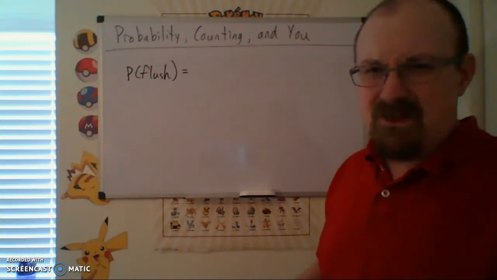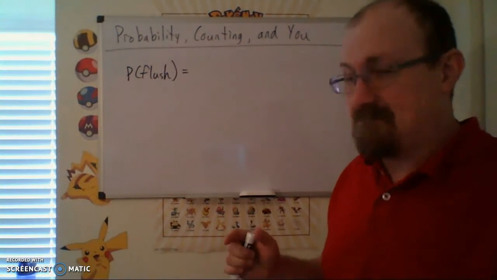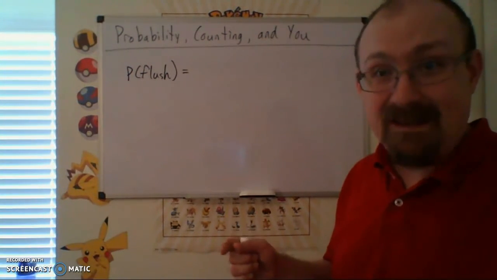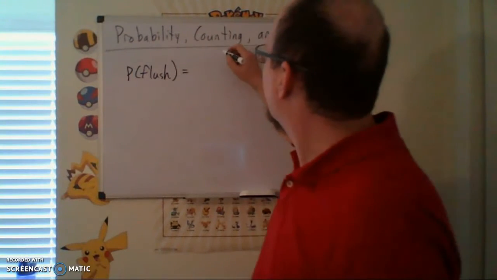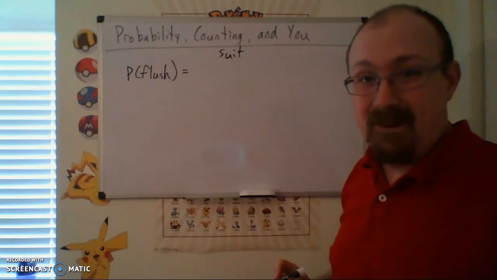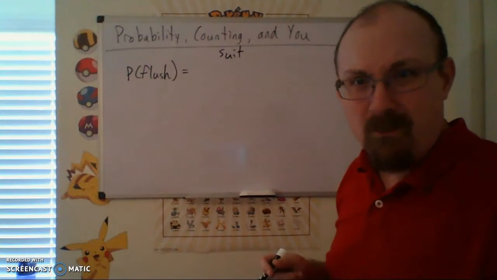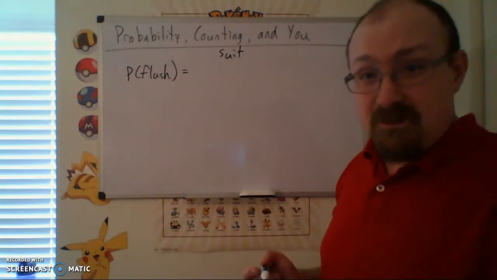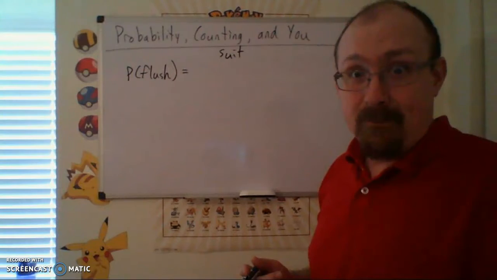So there's 2 main ways I can see. It's possible they have different suits of cards, right? Maybe one has a flush that's all spades, the other one is all diamonds. So I'm going to label this up top like we're doing a counting principle thing and then just slap it over the denominator we need for a probability. So the suits could be the same, or it could be different rather.